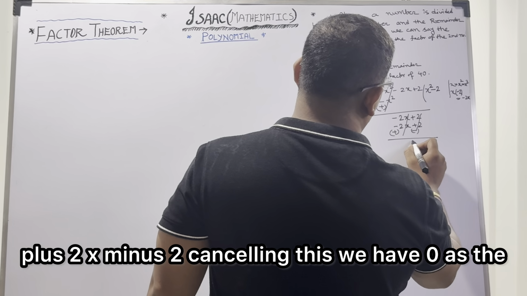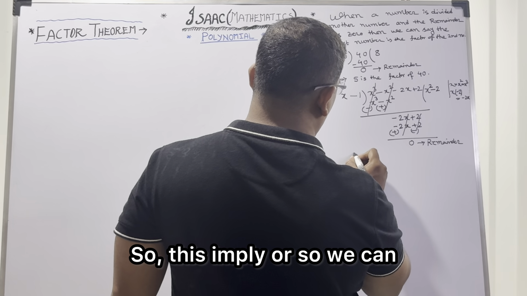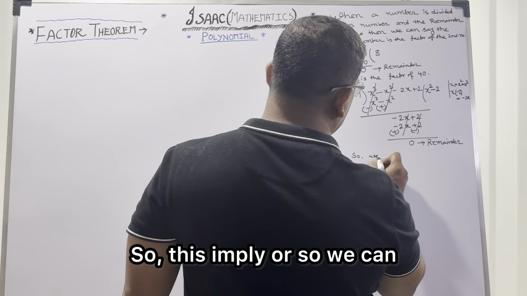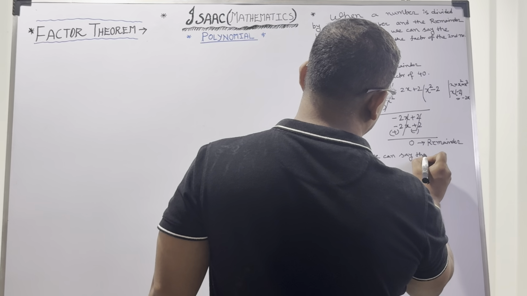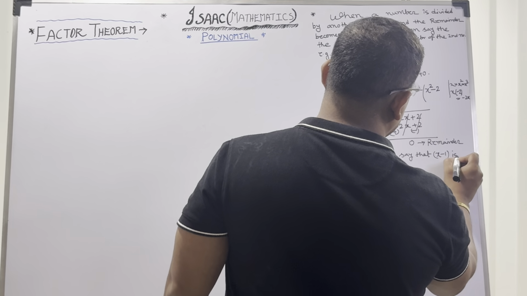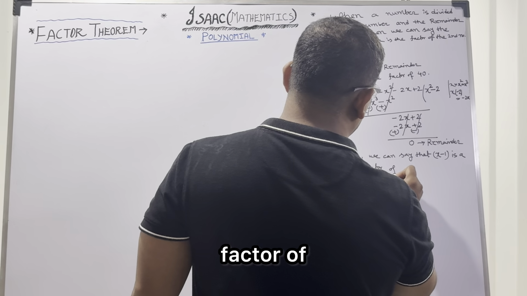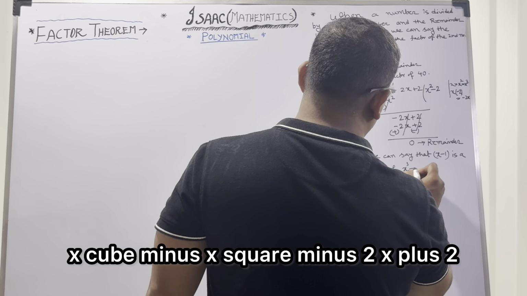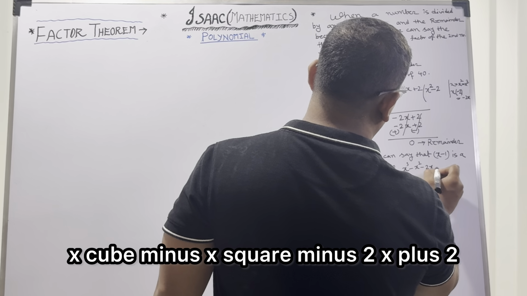Cancelling this, we have 0 as the remainder. So we can say that x minus 1 is a factor of x cube minus x square minus 2x plus 2. Okay.